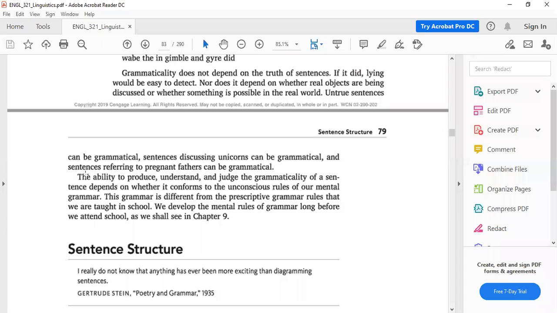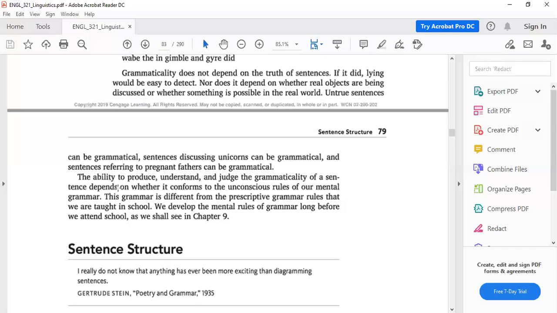Now, the last thing, the ability to produce, understand, and judge. So not only the level of production, the ability to produce, understand, comprehension, and judge whether the sentence is grammatical or not, acceptable or not. The ability to produce, understand, and judge the grammaticality of a sentence depends on what?